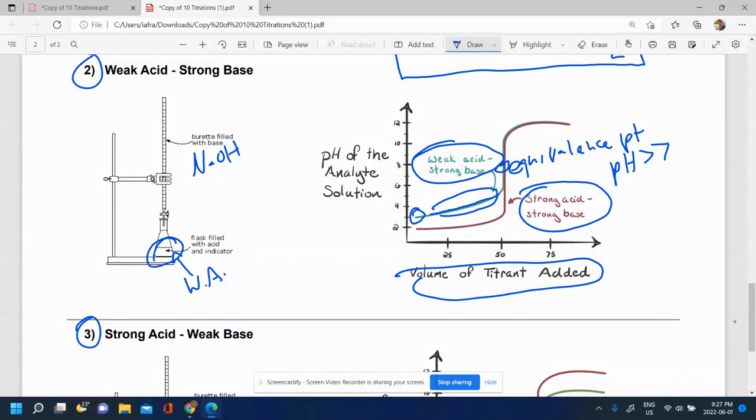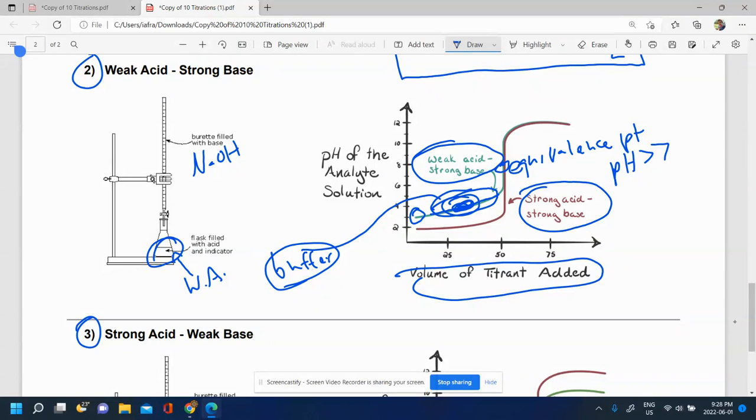Now, this region in a weak acid, strong base titration, around here especially, and also in a strong acid, weak base titration, this is called a buffer region. And so what happens at that point is you get a region where the pH change is very slow. There's a resistance in pH change.